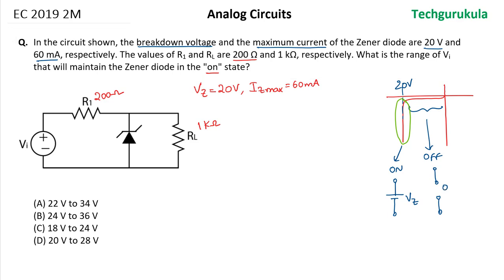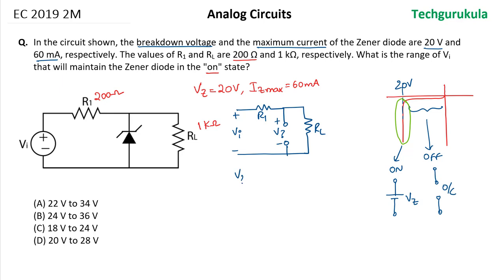So let me draw the equivalent circuit here, that we have R1, the Zener diode shown open circuit, and then we have the load resistor RL. Now the voltage across the Zener diode, which is nothing but the voltage across the load resistor, corresponding to a particular Vin. So let's find what this voltage is.